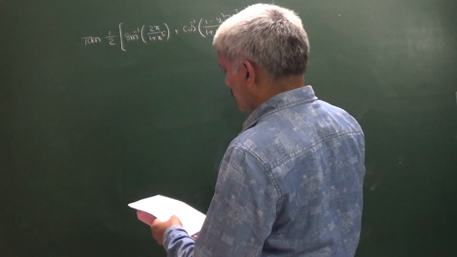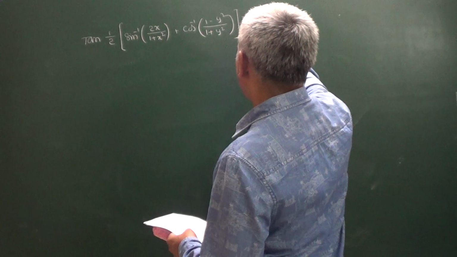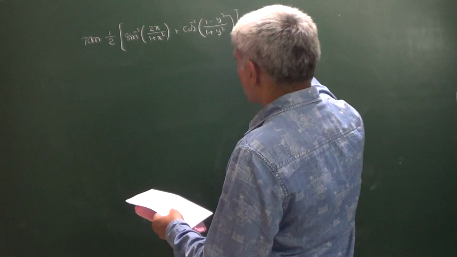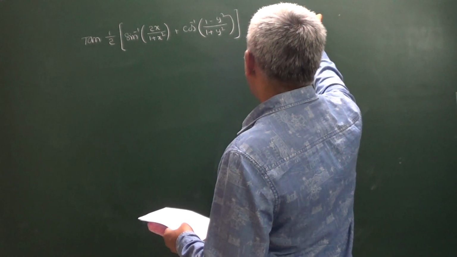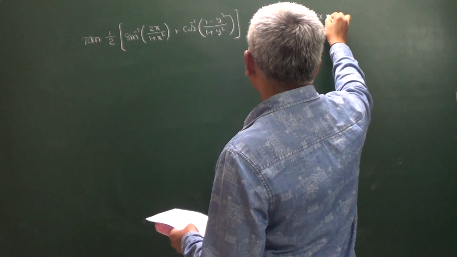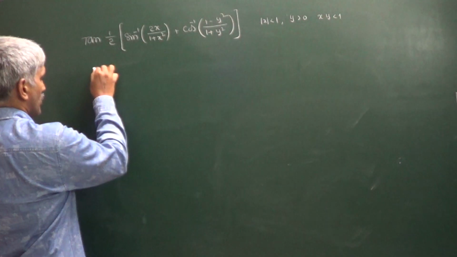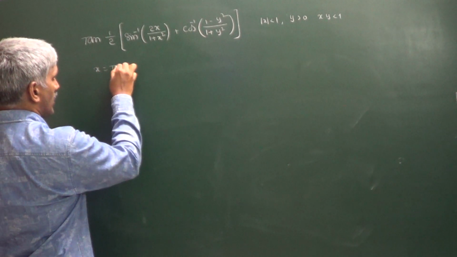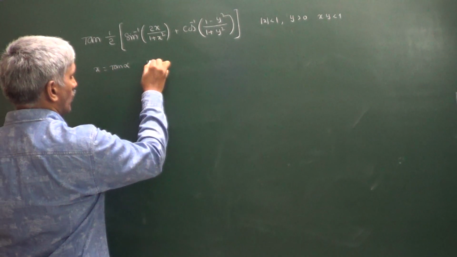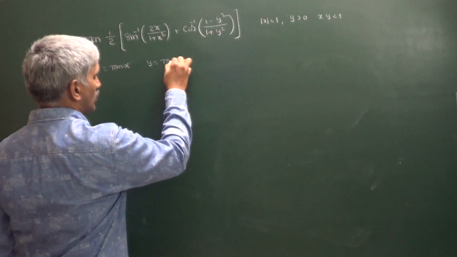So some conditions are also given. He is saying mod x less than 1, that means x lies between minus 1 and plus 1, y greater than 0, and also xy less than 1. Here what I am doing is the substitution x is equal to tan alpha and y is equal to tan beta.